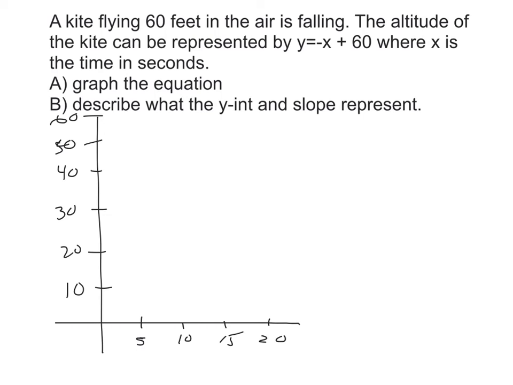This is a hard one to graph a little bit because it is going to start up at 60. But the slope is -1 times x, which means the slope is -1, which means I literally go down 1 over 1.